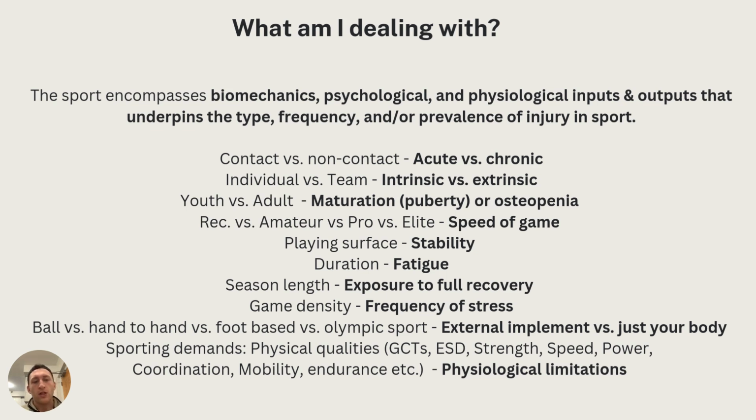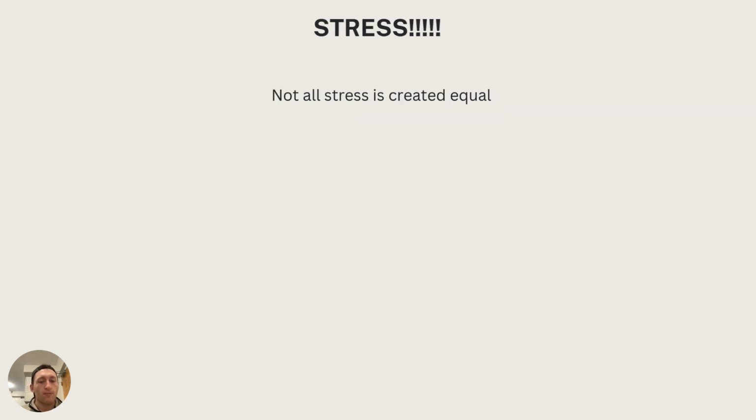Sporting demands, like we're going to go into, but obviously ground contact times, strength, speed, power, and how much of these physical qualities are limited or facilitated throughout the sport will be an indicator for the type of injuries we'll get. Sprinting, maybe more hamstring, calf stuff, versus strength might be an acute injury like a broken arm.